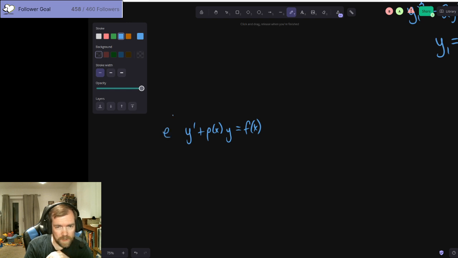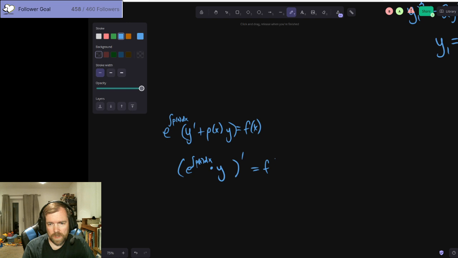Right, this is going to be e to the integral of p of x dx times all that stuff. Is going to be the derivative of e to the integral of p of x dx times y. Right?